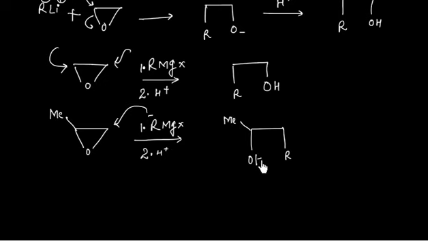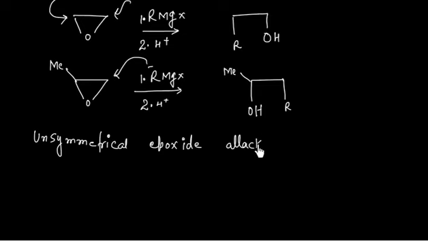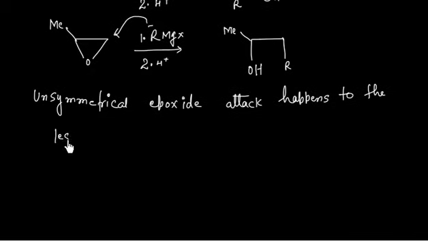After acidification we will have OH. So in case of an unsymmetrical epoxide, attack happens to the less hindered side.